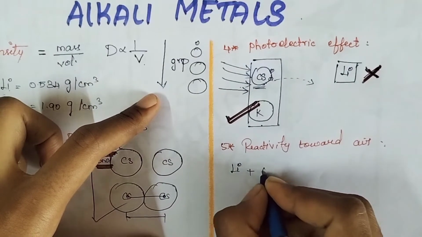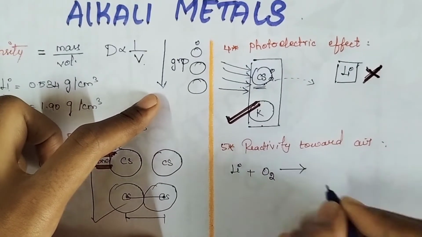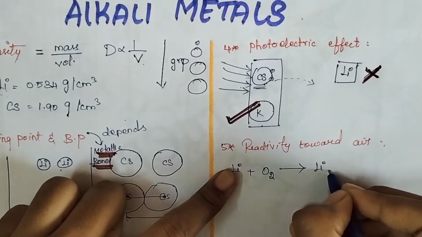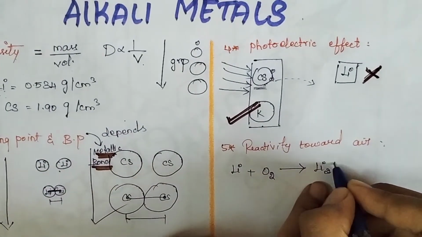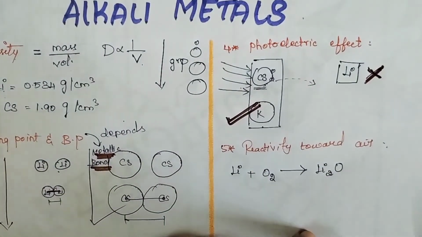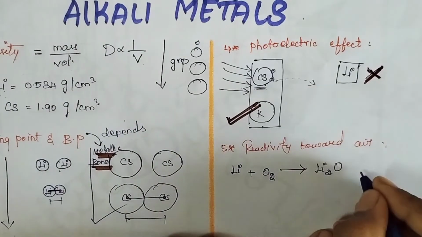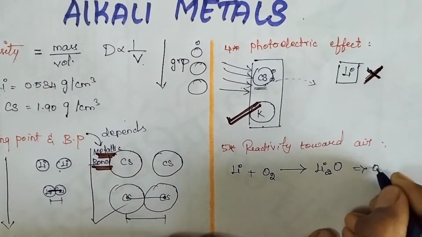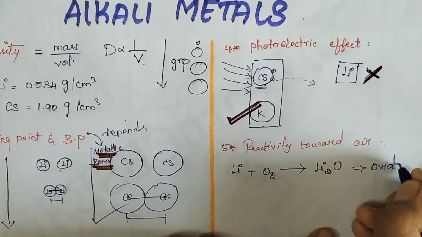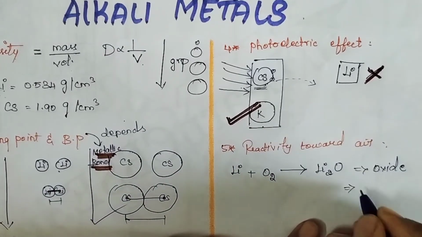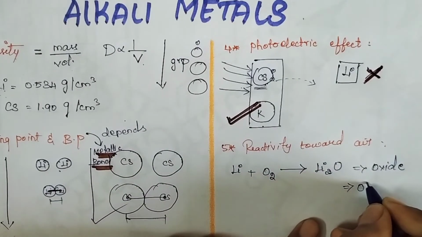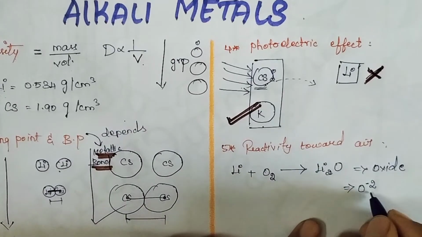Lithium alone reacts with oxygen and forms dilithium oxide. This is a normal oxide. The oxidation state for this oxide is O minus 2. Okay, clear?